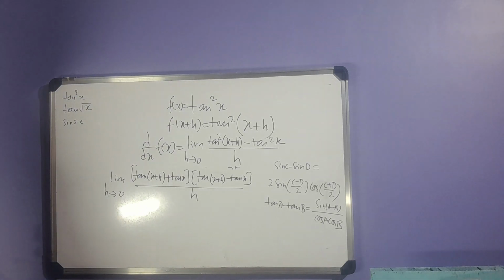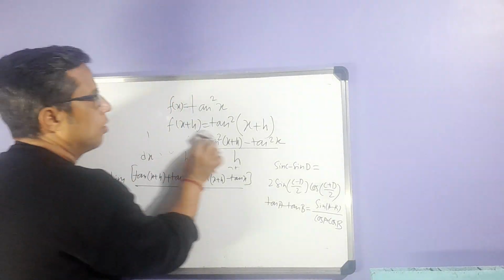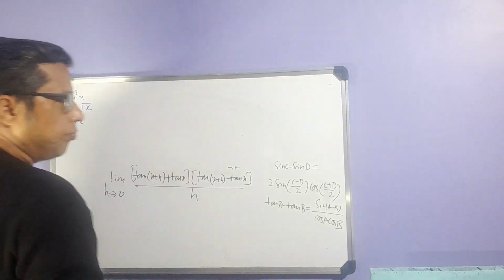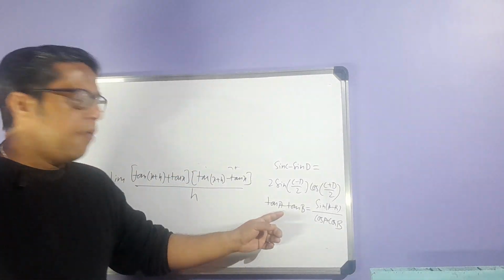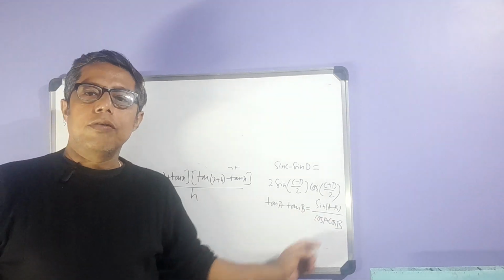Next, let us solve it now. What is the next step? Tan of a minus b is equal to sine of (a minus b) by cos a cos b.